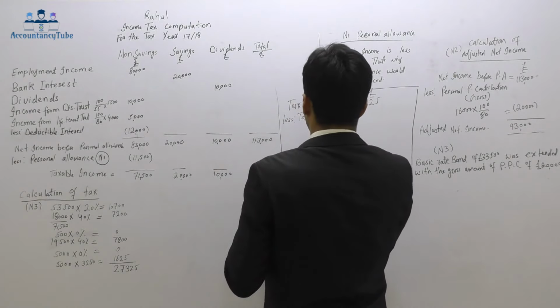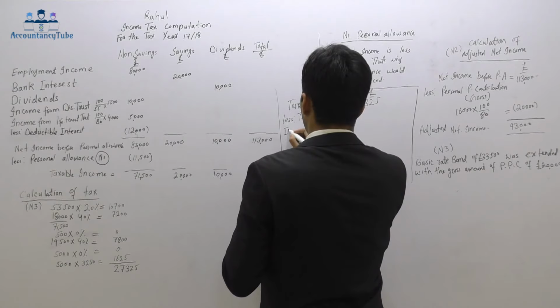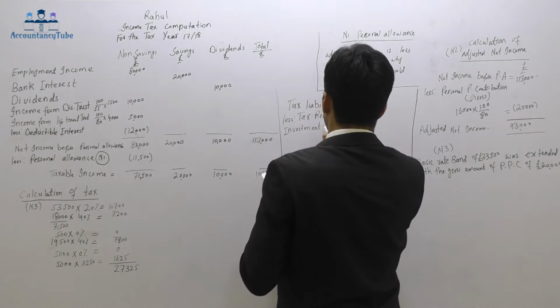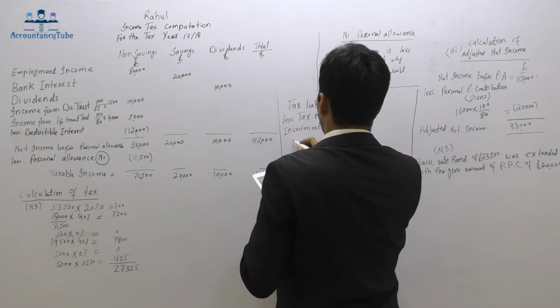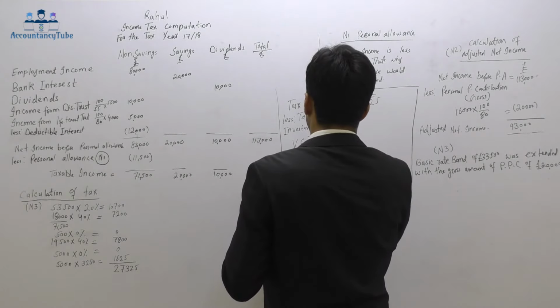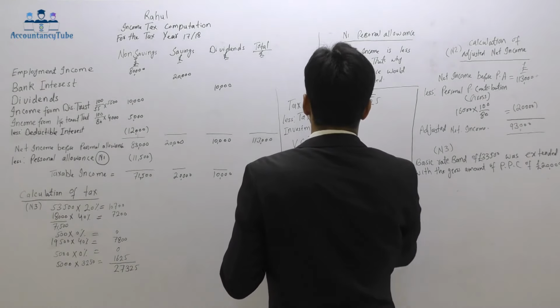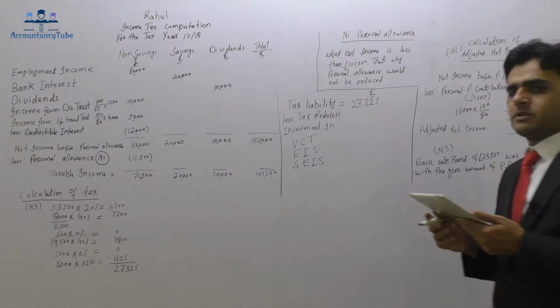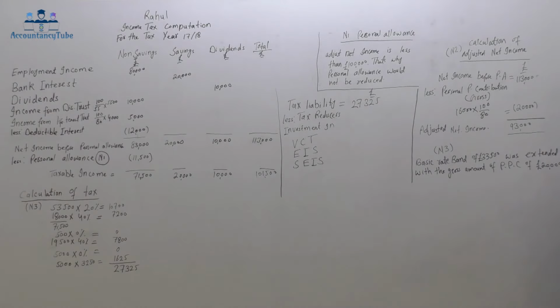Investment first in VCT, that is the right order to do it: VCT, EIS, and SEIS, Seed Enterprise Investment Scheme. That is the right order to deduct it. VCT first, then EIS, and finally Seed Enterprise Investment Scheme.